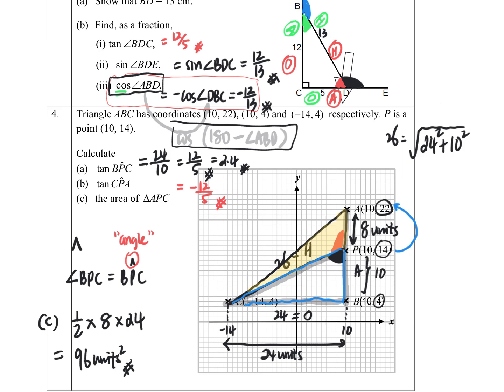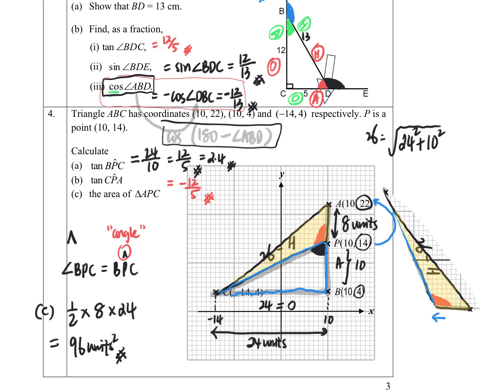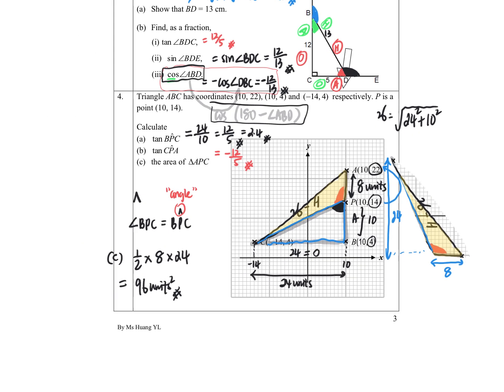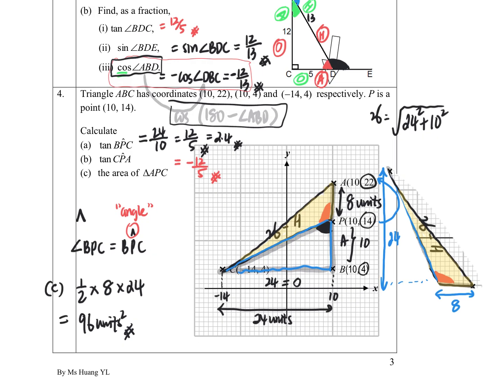If I take this out and then I turn it, it's not right angle, but you use base times perpendicular height. So can you see there is this base times the perpendicular height? So it's as if it's like that. So base times perpendicular height times half. Okay? So that's question 4.